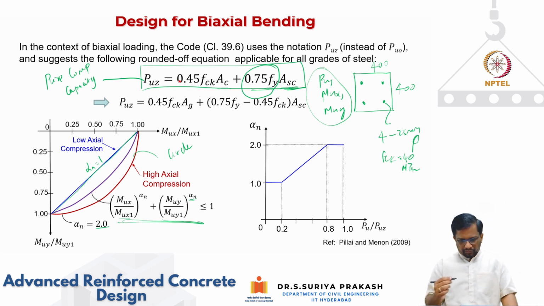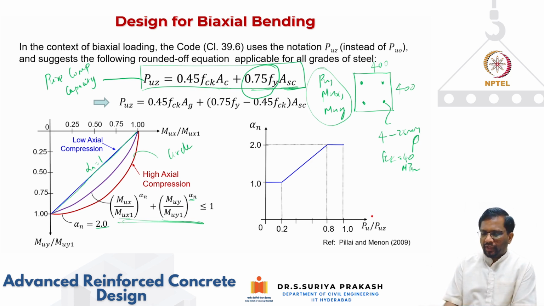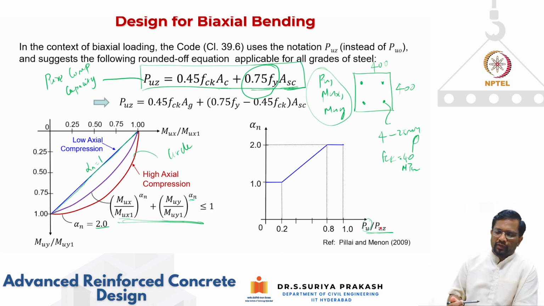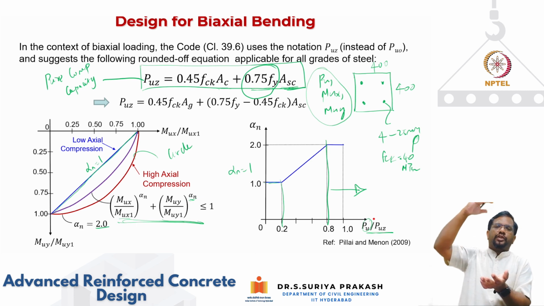Okay. So once we calculate this Puz, what the code is saying is, if you are given this demand, you divide it by this Puz and find out what the value is. If Pu by Puz is less than 0.2, then alpha n can be taken as 1. Similarly, when the Pu by Puz ratio becomes more than 0.8, that means the level of axial compression is so much that it is almost close to the pure compression capacity.